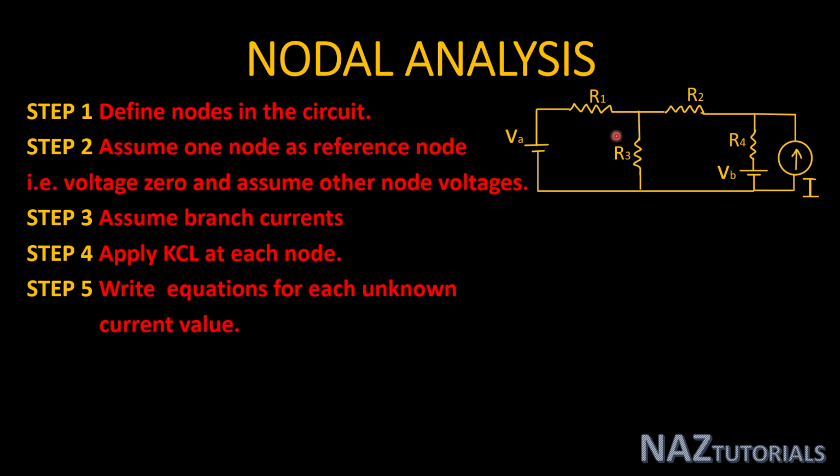Basically, a node is defined as a point where more than two branches meet together. If you see this particular circuit, there are three nodes.